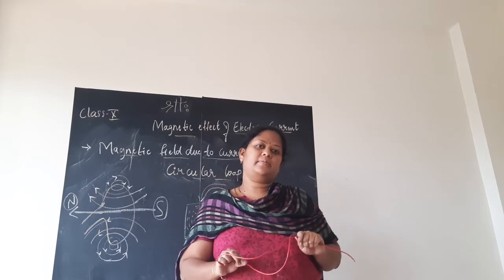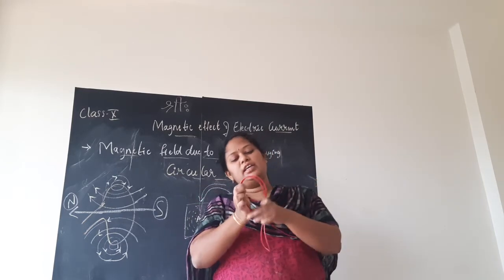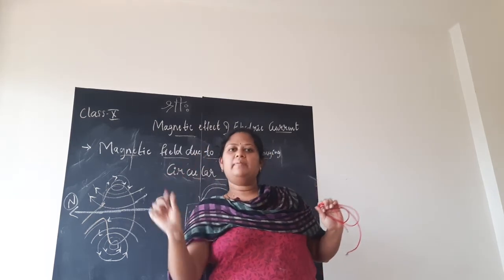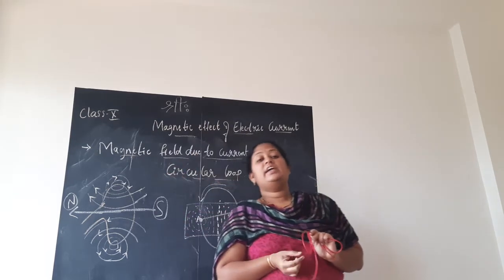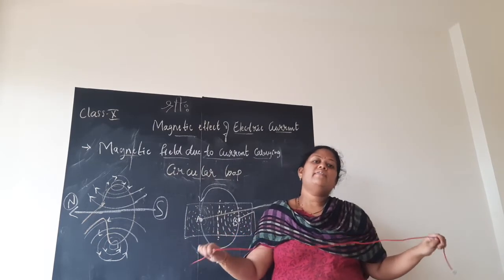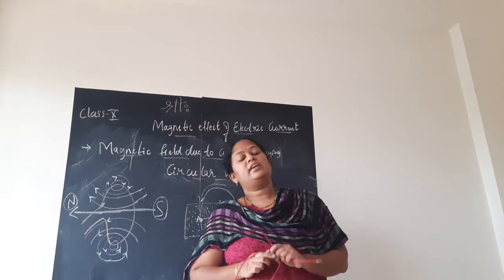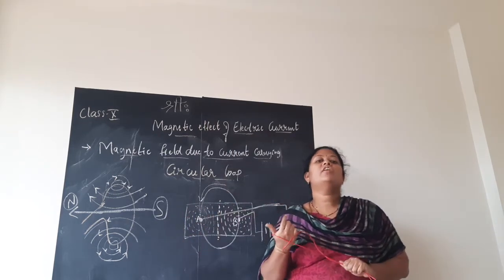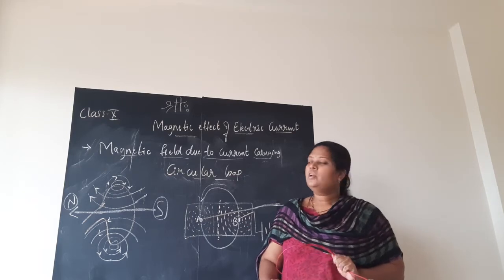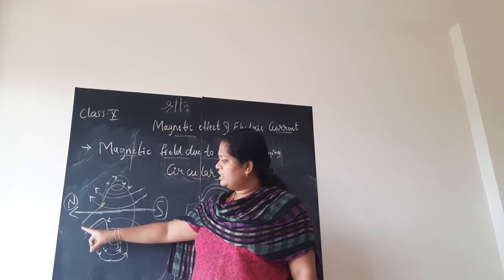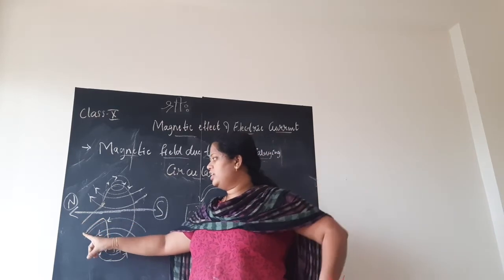That you should understand. You bend in any form you want, children. Each part of the wire, bit by bit, acts as a straight current carrying conductor. And we already know that the straight current carrying conductor produces the magnetic field lines in the form of concentric circles. So, in the figure here you can see the bent wire. These are the ends of the copper wire in the figure as I showed.